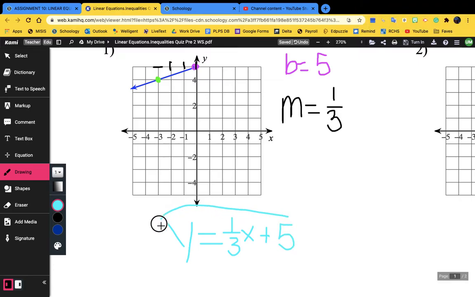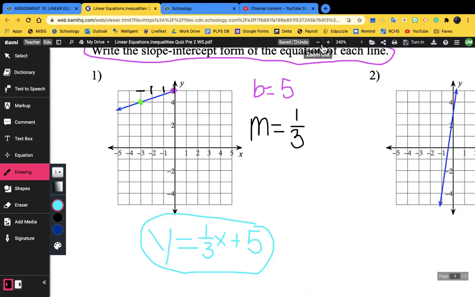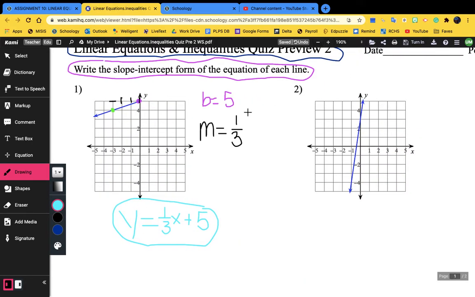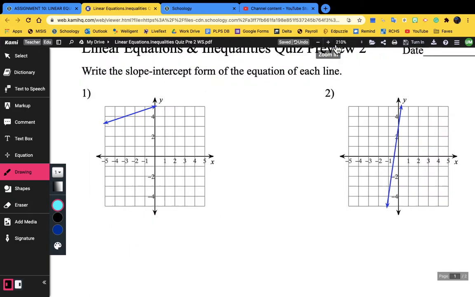And that right there, kiddos, is our equation for number 1. We wrote the slope-intercept form of the equation of this line. Perfect. Let's do number 2.